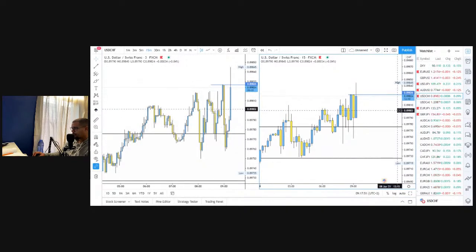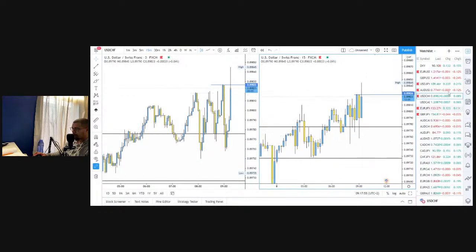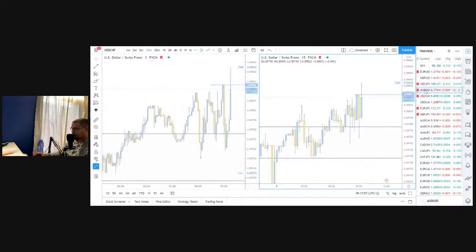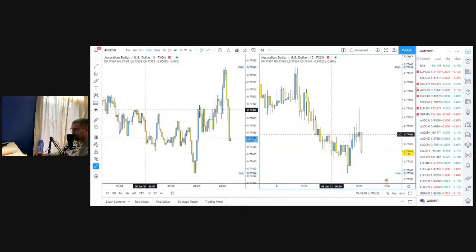Look at USD CHF, man. USD CHF is going to be one good trade if we do get it. Even AUD USD is going to be one good trade if we do get it.